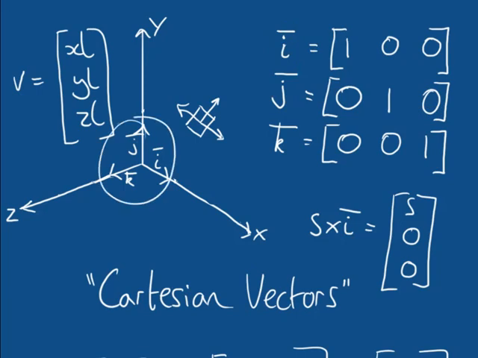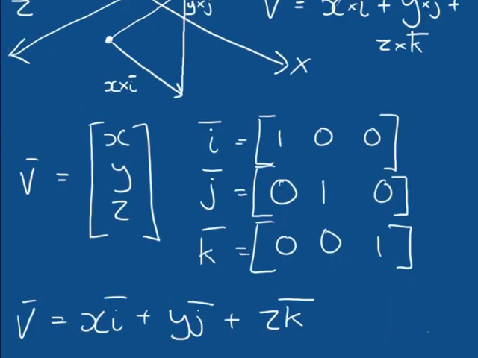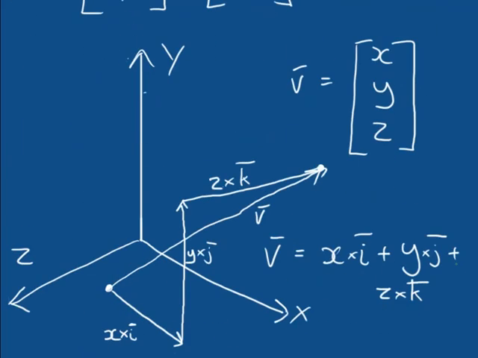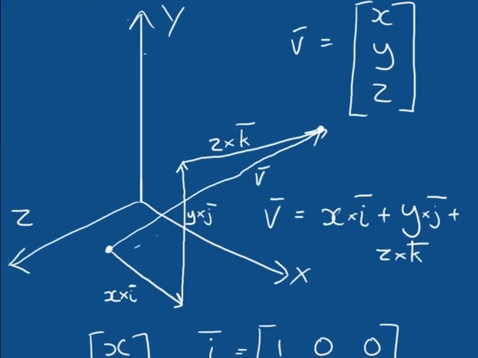By scaling those three vectors by three scalar values, we can create any vector in our 3D space, because if we take the x component of that vector and multiply it by i, add the y component multiplied by j, and add the z component multiplied by k, the result is going to give us the same vector.